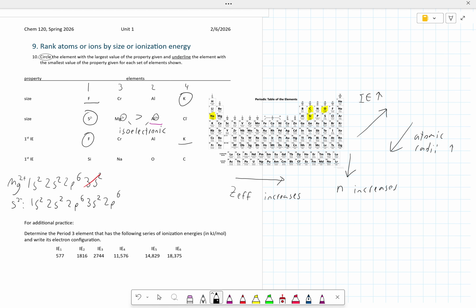And so sodium will have the lowest ionization energy, and oxygen will have the highest ionization energy. Silicon versus carbon, if I wanted to rank all of these, I would go after sodium. The next lowest would be silicon, then carbon, and then finally oxygen.